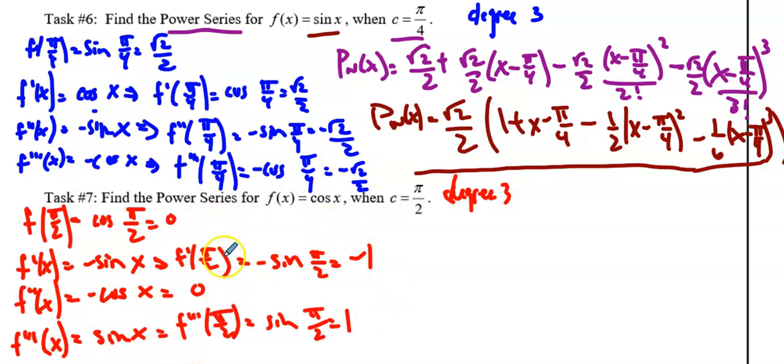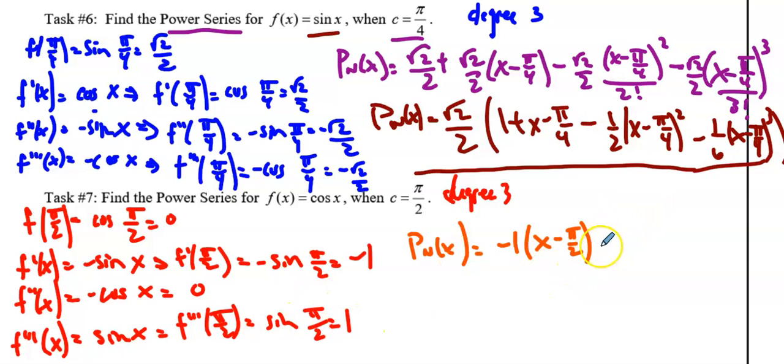The first term is just 0, so we can go ahead and write this out. P n of x is going to be, since our first derivative is negative 1, f prime of pi over 2, times x minus pi over 2 to the first, because it's the first derivative, all over 1 factorial.